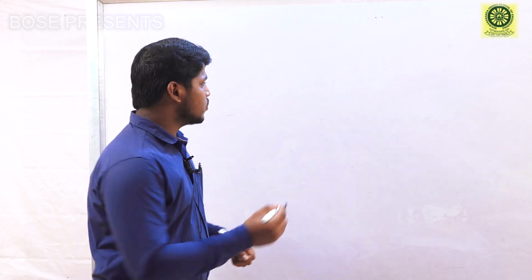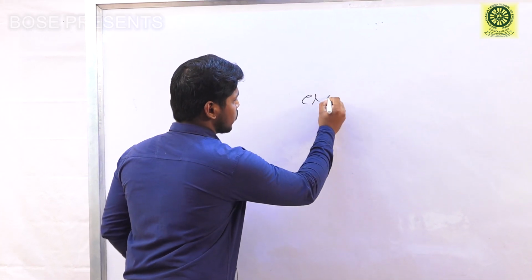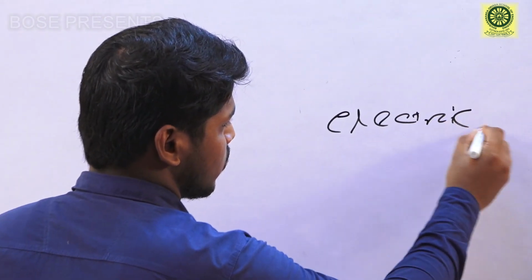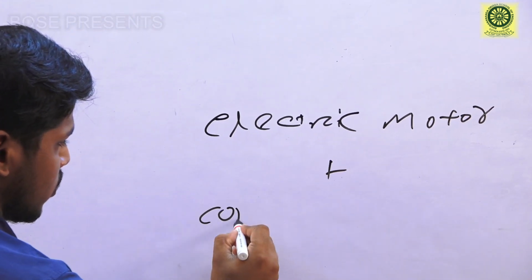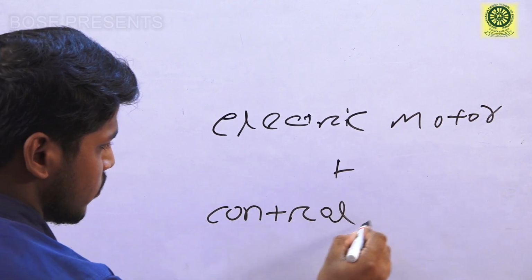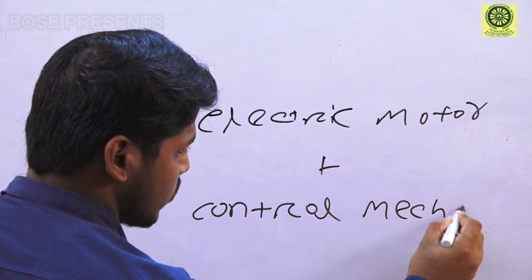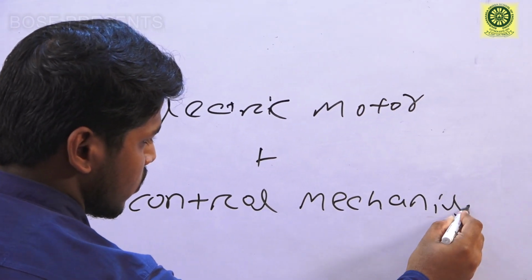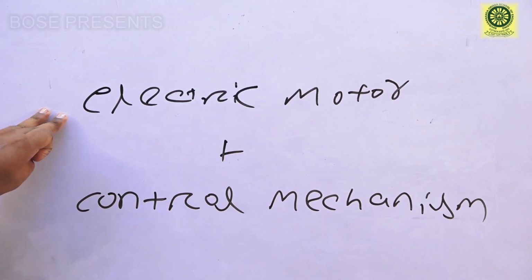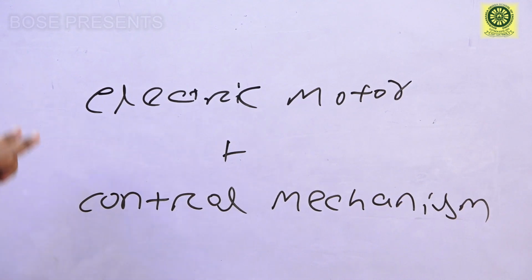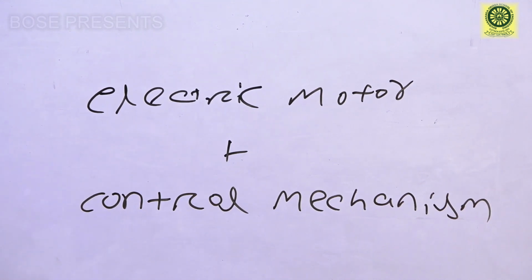So my aim is that the drive consists of an electric motor plus some control mechanism. Both of these, the electric motor and the control mechanism, comprise the electric drive.